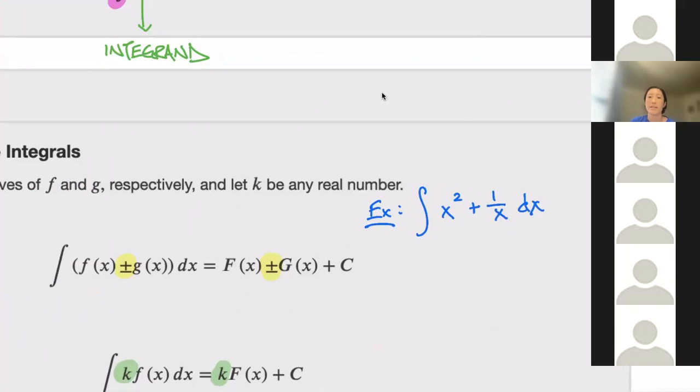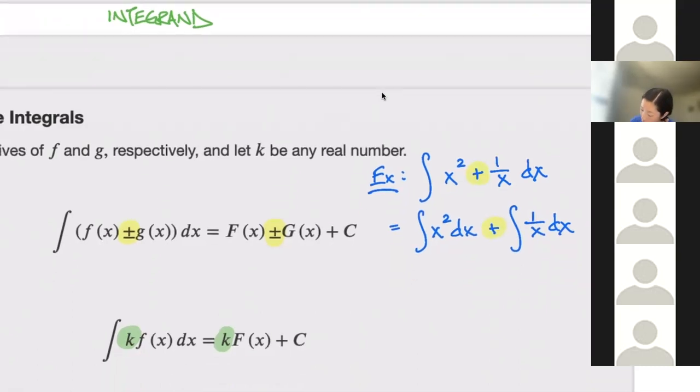What this sum and difference rule says is I can split this up to be the integral of the first one plus the integral of the second one. We can see that this plus means I can split them and add them together. That's a very handy thing to know.